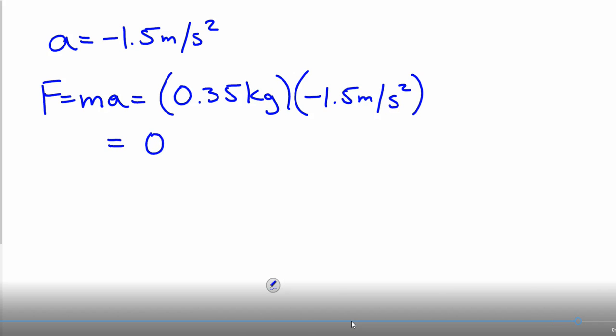You get the force of friction acting on the glass is negative 0.525 newtons. Negative just meaning it's in the opposite direction that the glass slides.